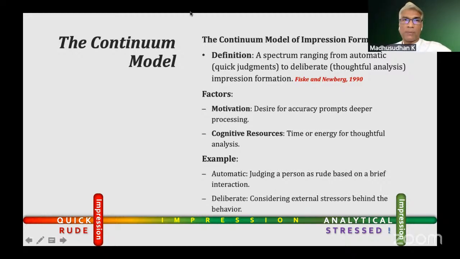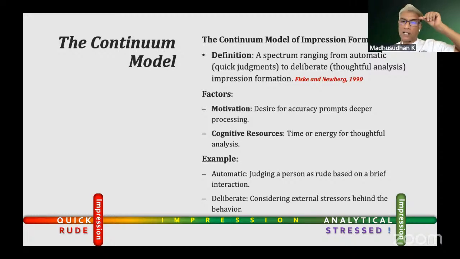Then deliberate attention. Deliberate means considering external stressors behind the behavior. You may think, why did he behave like this? Maybe there are external problems, perhaps that's why he might have faced an odd situation. Maybe he could not sleep well. Some problem happened in traffic.